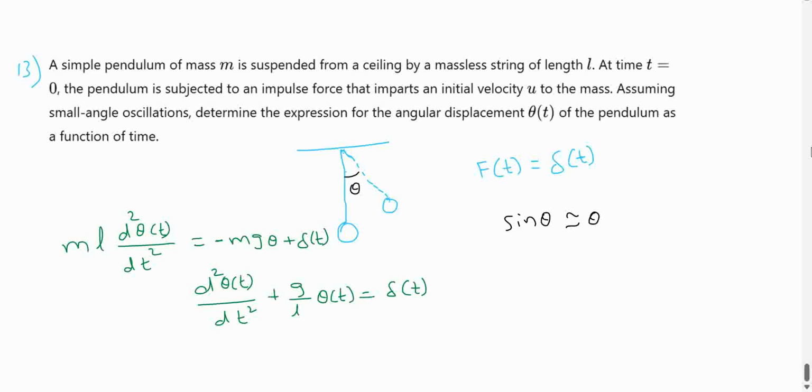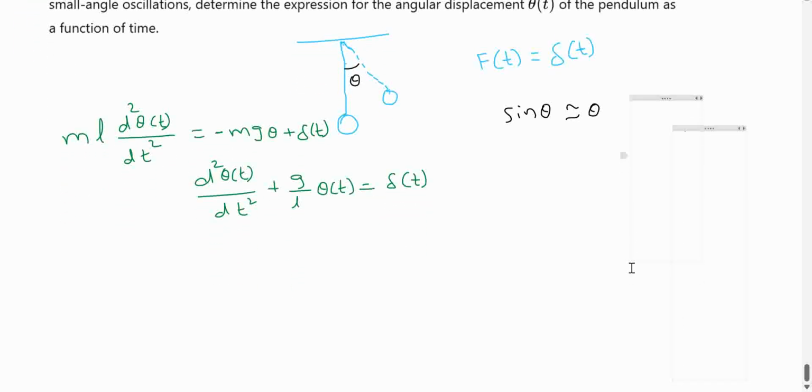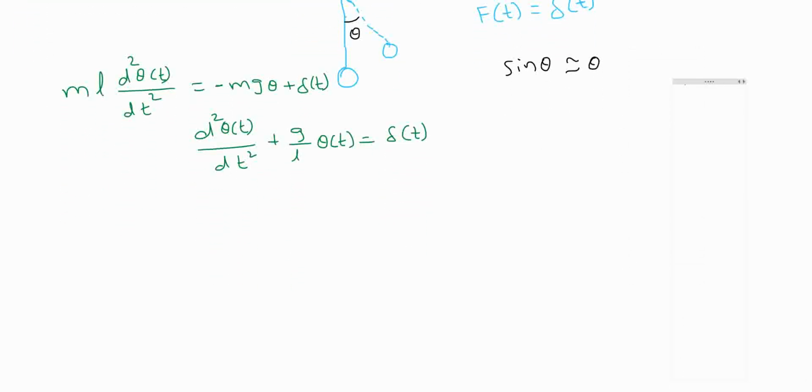Now, in order to solve this, we have to apply the Laplace transform. So always learn the Laplace transform and partial fractions. That will make things easier. It is essential to learn the Laplace transform.